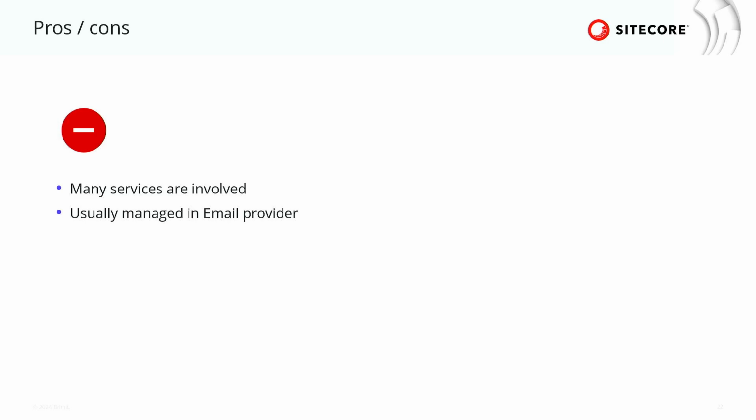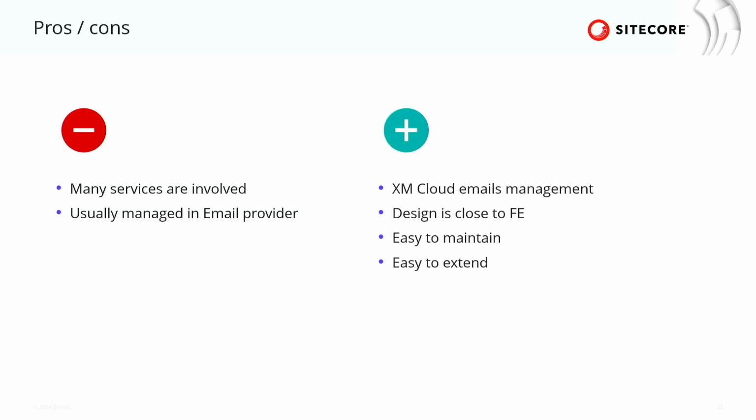So everything is involved. And the second point is that usually the email is stored somewhere close to the email provider. Sometimes it's an exception, but in most cases, at least, the email provider provides this option. But in our case, it was not available at that time.